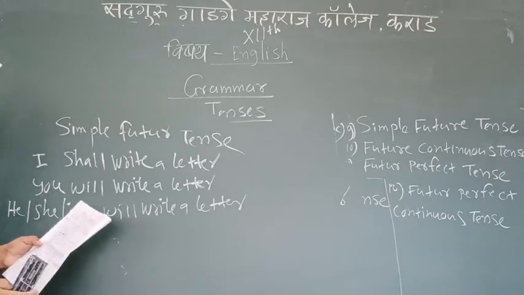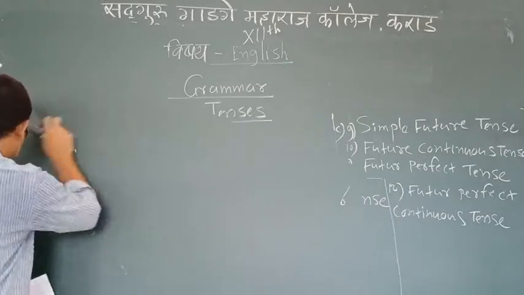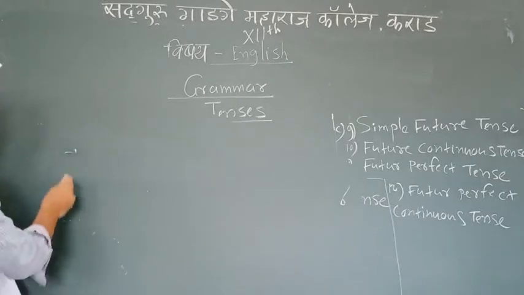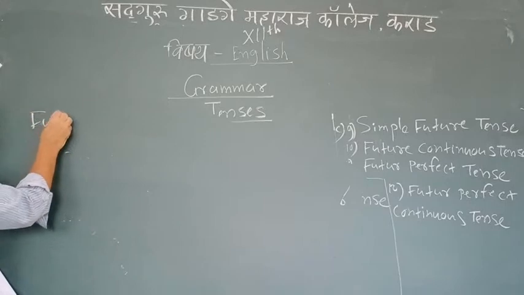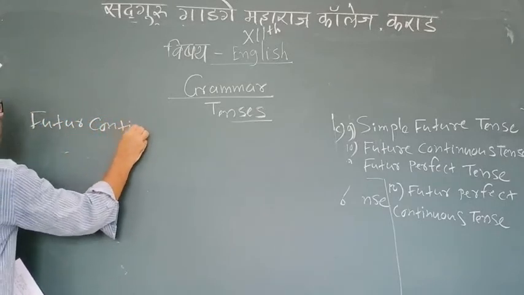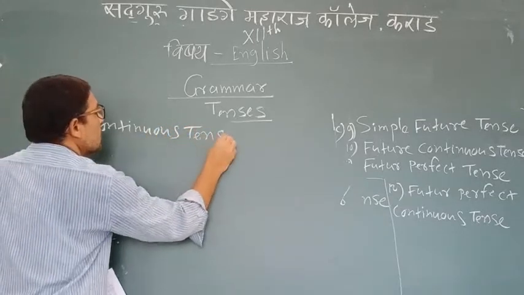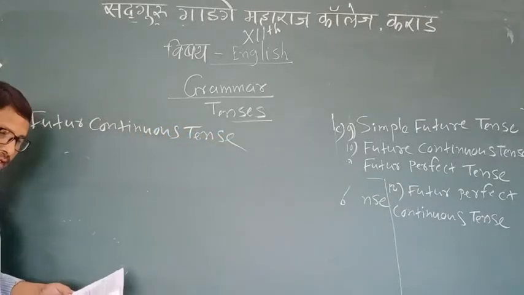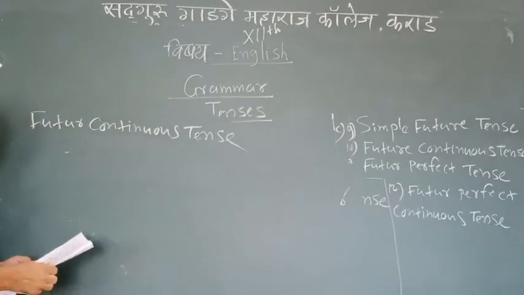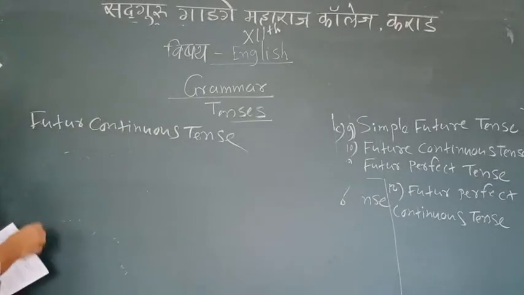Then future continuous tense. You can create the sentence structure like this. I shall, you have to only add be after the shall.